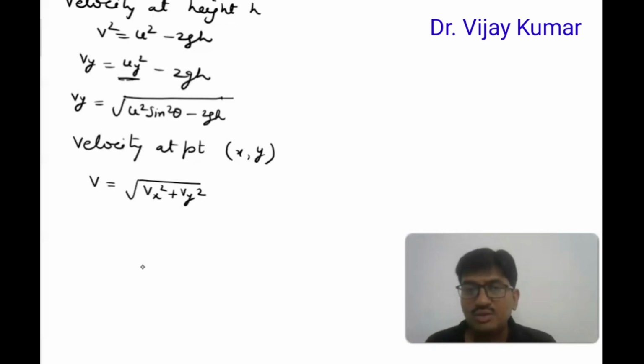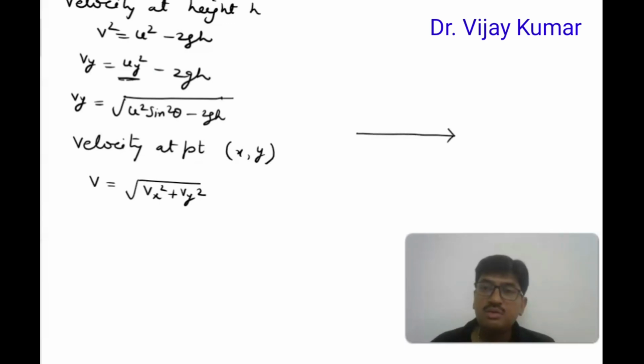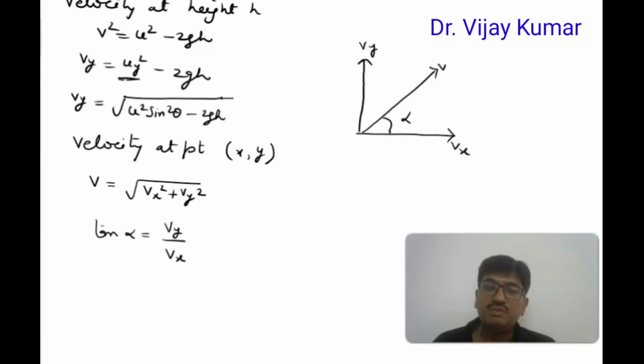Suppose this is vx and this is vy, and this angle is alpha, the direction angle of the resultant from the horizontal. So tan alpha equals vy upon vx.